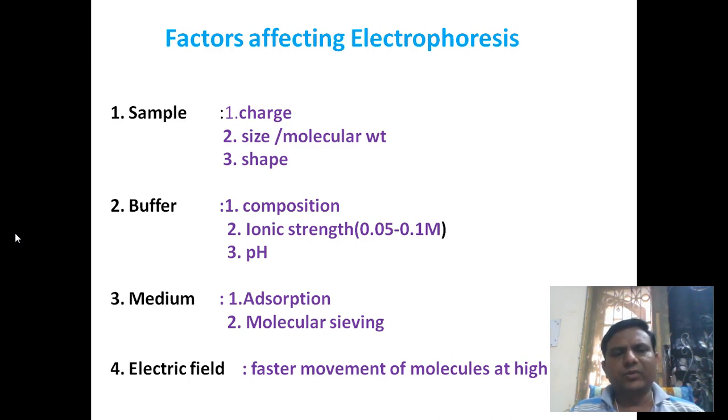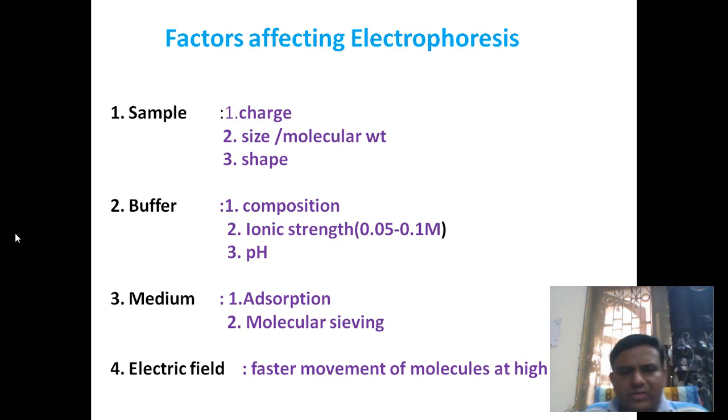Whenever we use different types of chemicals to prepare the gel, there are different properties, and whenever your molecules start to migrate toward the oppositely charged electrode through that medium, your molecules differentially adsorb on that medium. So there is one more factor, that is adsorption.